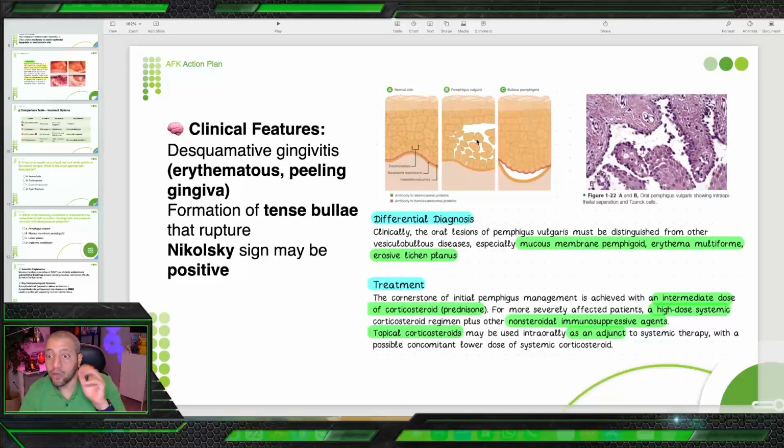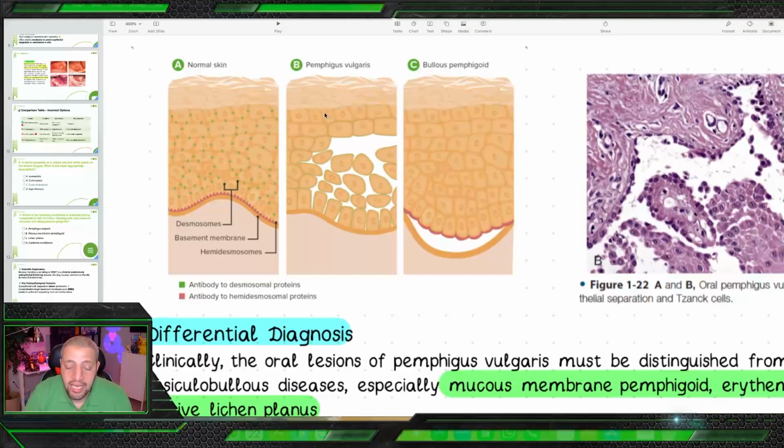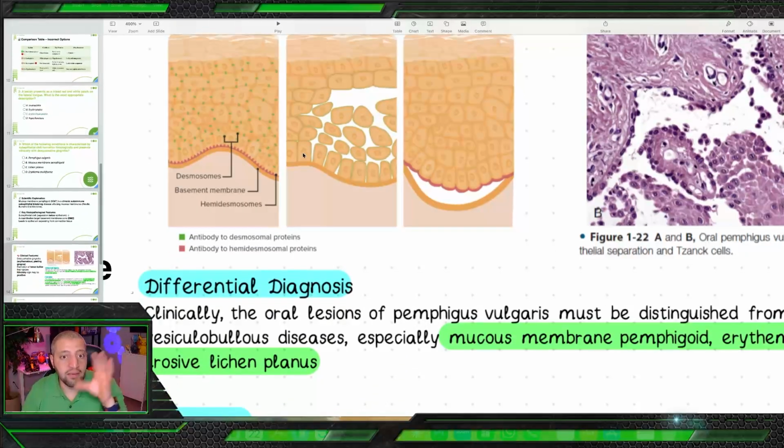Both are autoimmune conditions leading to a problem in the connection between either the epithelium itself, or the epithelium and the basement membrane and connective tissue. If the problem happens in the desmosome, which connects the epithelium together, we end up with what we call pemphigus vulgaris. We have here an intraepithelial bulla, which means separation of the epithelium in this area.